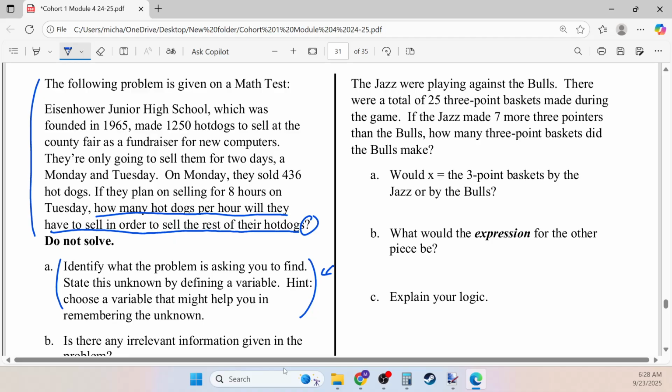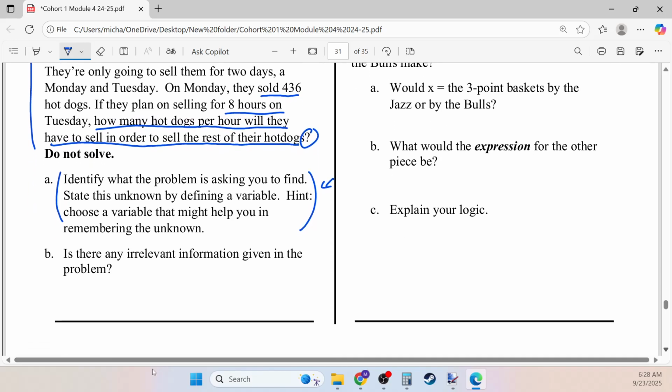So let's see. They have that many hot dogs. They sold this many of them. They're selling for 8 hours. So what we need to know is how many hot dogs they have left.